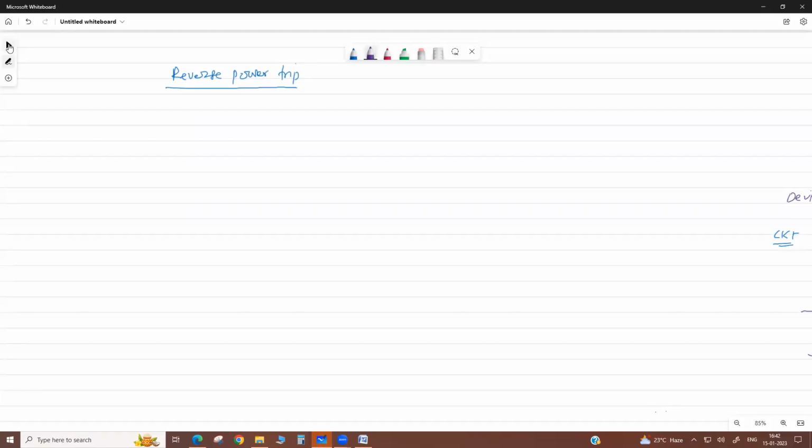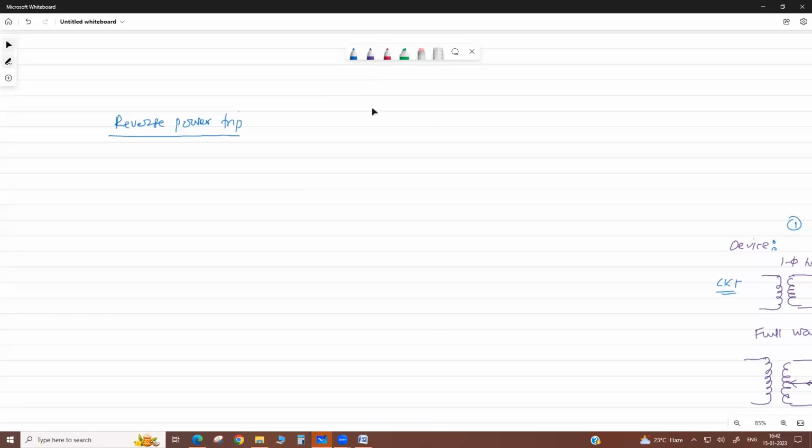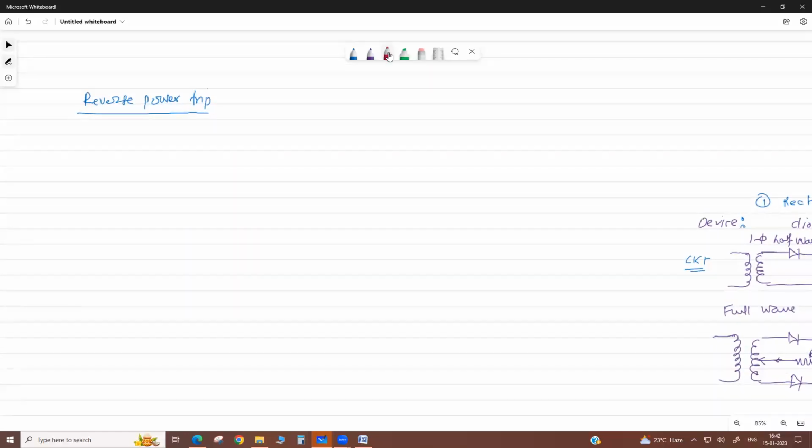The reverse power relay is basically an induction disc type relay. If you draw it, this is the U-shaped magnet.